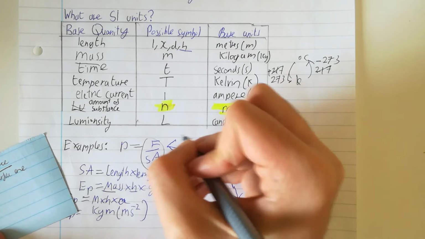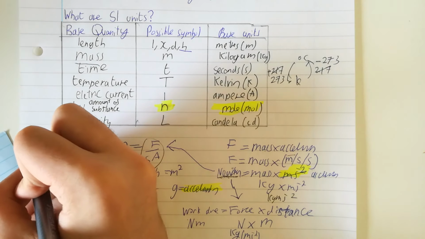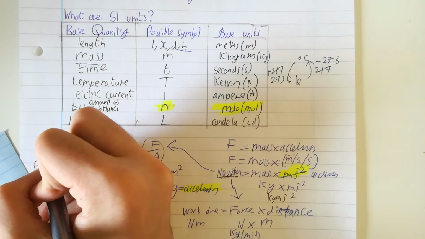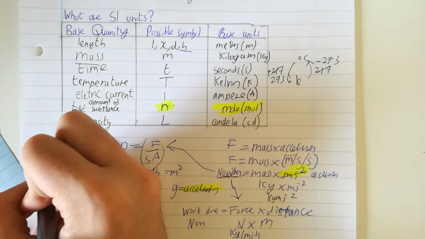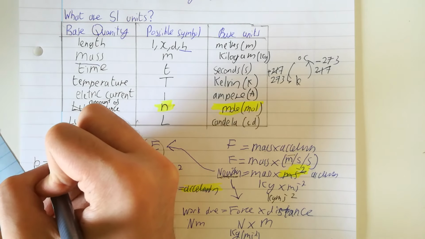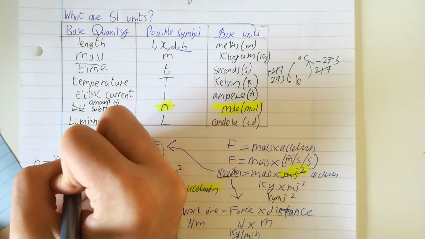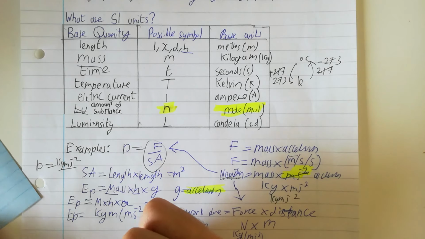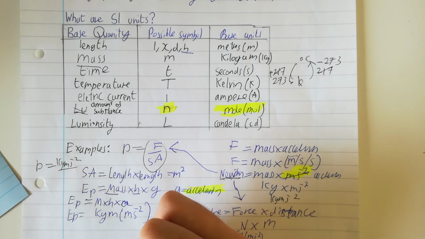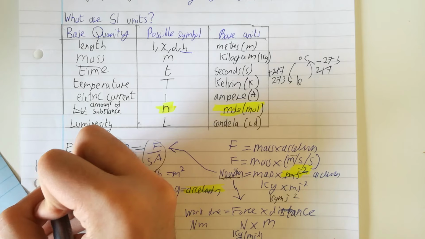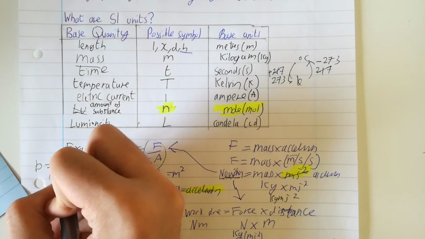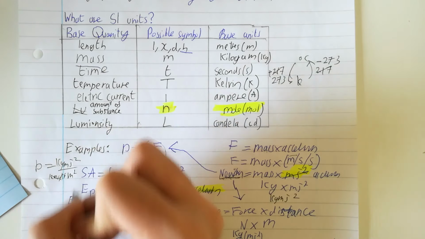So pressure in its base units is newtons, which is kilogram meters second to the minus 2, over length times length, so meters squared.